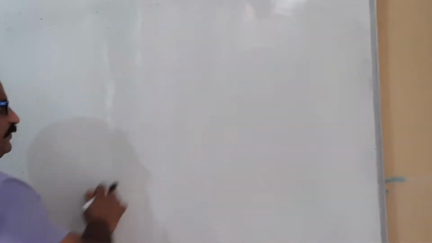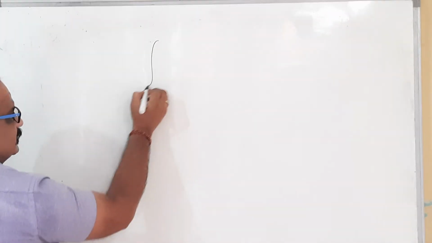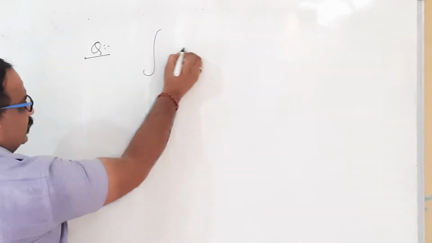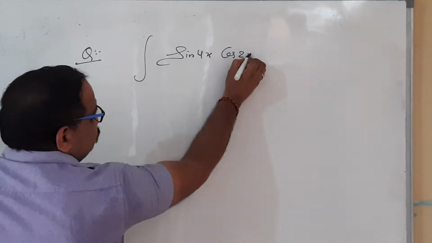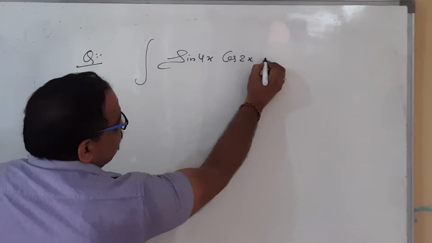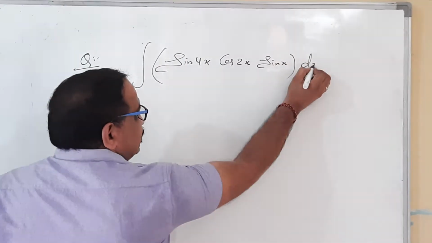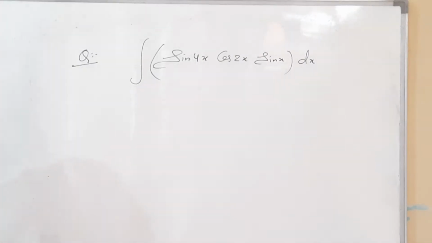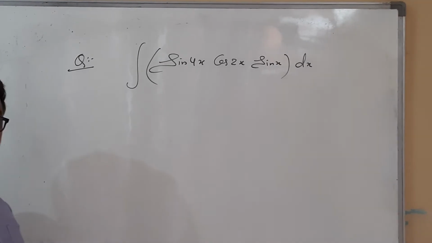Another example: if there are 3 terms instead of 2, we should do the same job again and again. Say another example I am taking here: sine 4x, cos 2x, and one more, sine x dx. There are 3 portions to integrate. Last time it was 2, now it is 3.